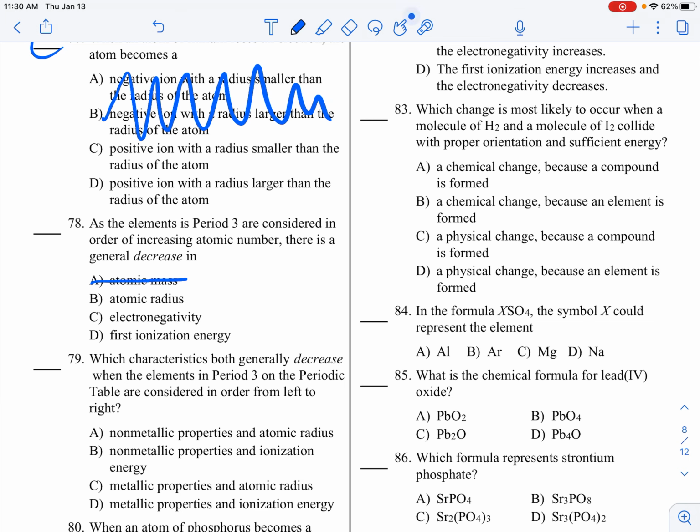So starting with number 11, atomic radius: 160, 140, 124, 114, 109. That's the answer. If I looked at electronegativity, which I don't really need to, it's 0.9, 1.3, 1.6. Okay, that's increasing. Ionization energy, 496, 738, 578, 787. That's going up too.